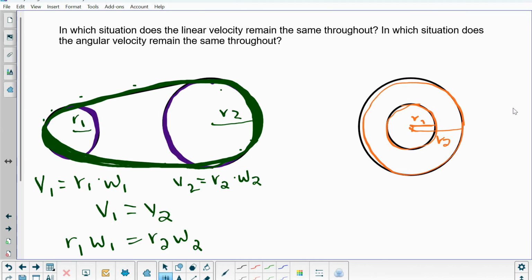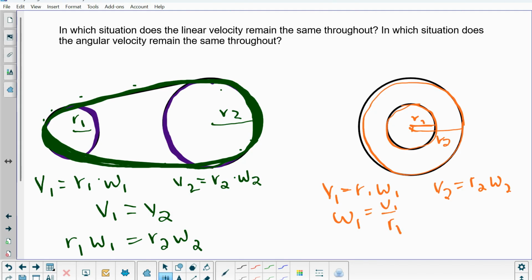But the person on the outside has a much faster linear velocity because they're walking farther than the person on the inside. So for this setup, we can start off by thinking velocity 1 is R1 times omega 1, and velocity 2 is radius 2 times omega 2. But in this scenario, your angular velocities have to be the same.